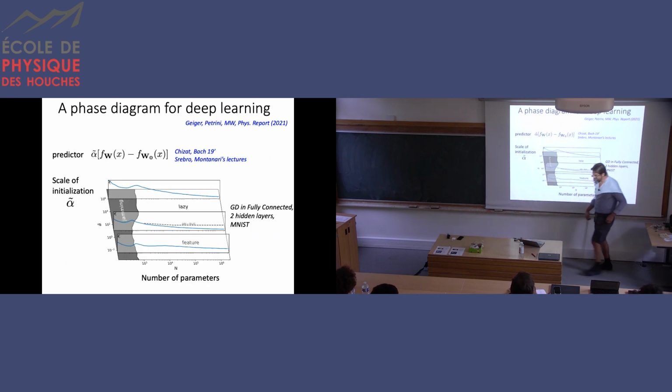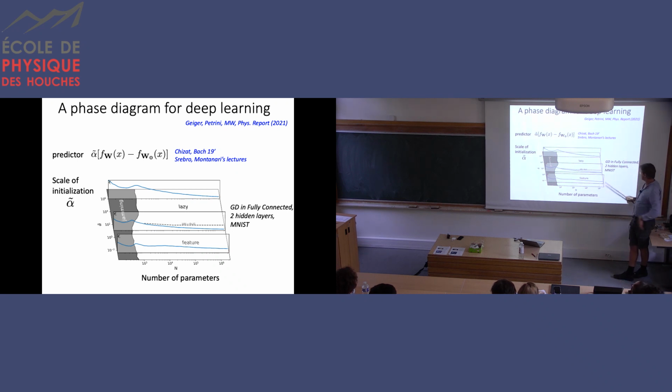Okay, so here I'm going to show this data, a phase diagram. That's for MNIST. It's coming from this paper that reviews what we had done for 2 or 3 years before. In this paper, we show CNN on CIFAR 10 and so on, and you get qualitatively similar data.